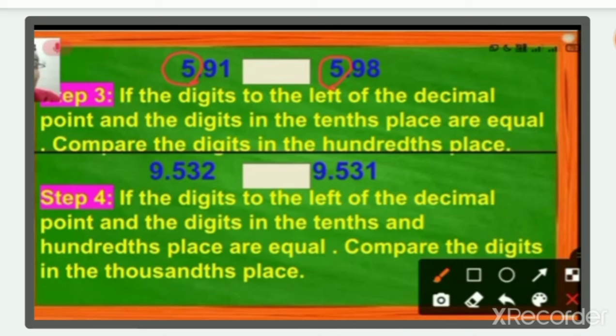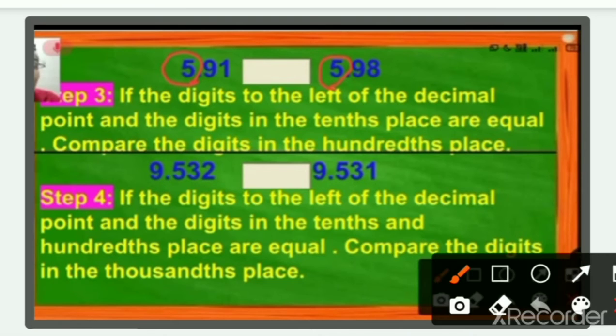Now moving to step number 4. It is given 9.532, but here it is given 9.531. So which one is greater? It is very easy. If the digits to the left of the decimal point and the digits in the tenths and hundredths places are equal, then compare the digits in the thousandths place.